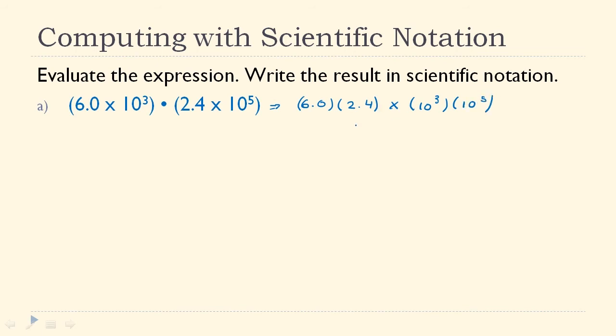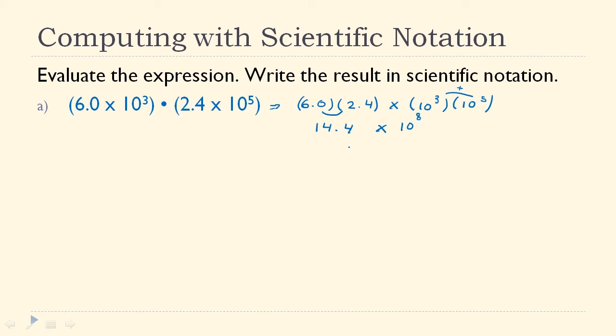And the associative property of multiplication allows me to do this. So I can multiply these together and I got 14.4 times, my bases are the same, so that just means that I'm going to add these exponents to get 10 to the power of 8.